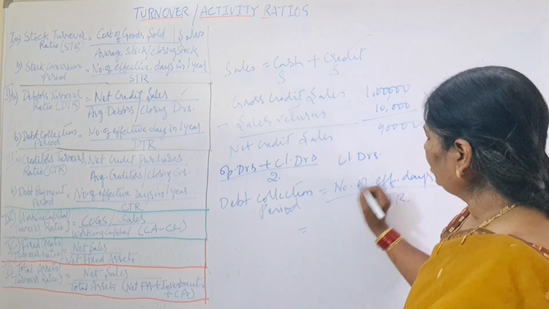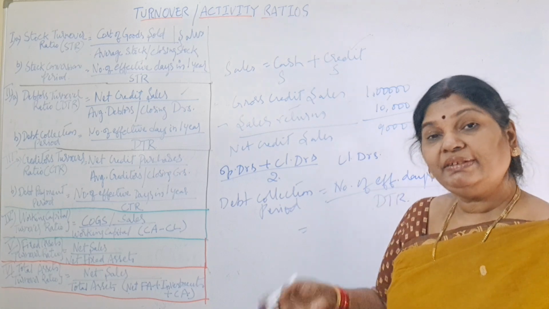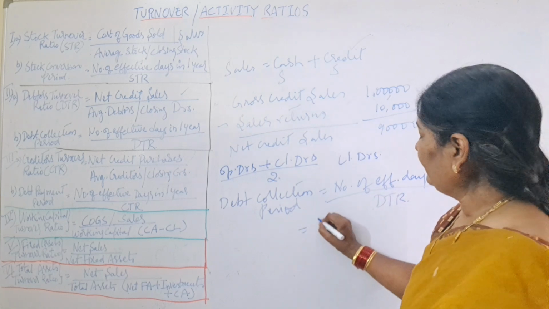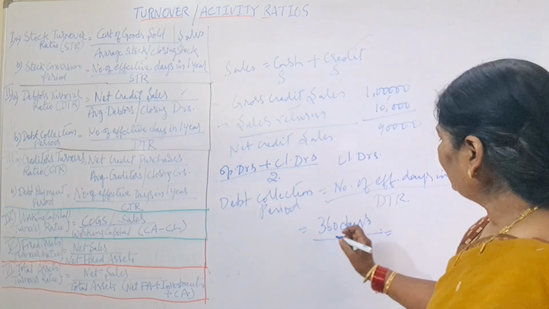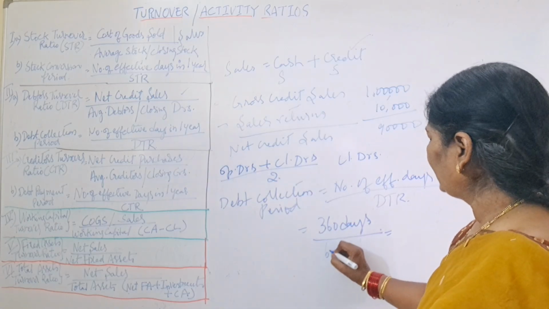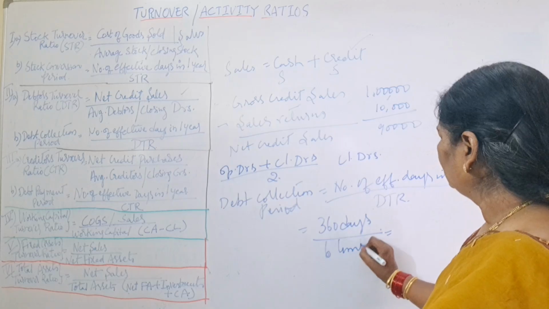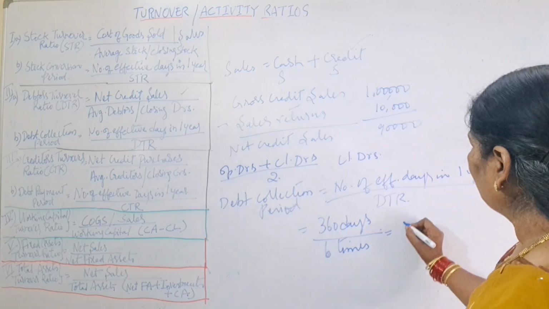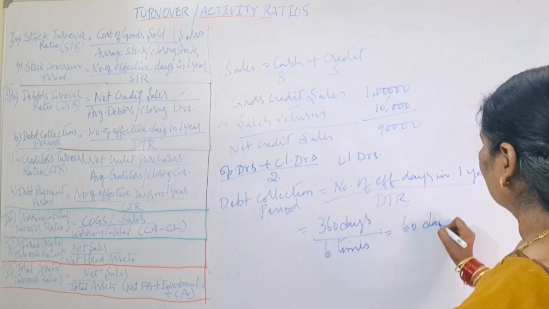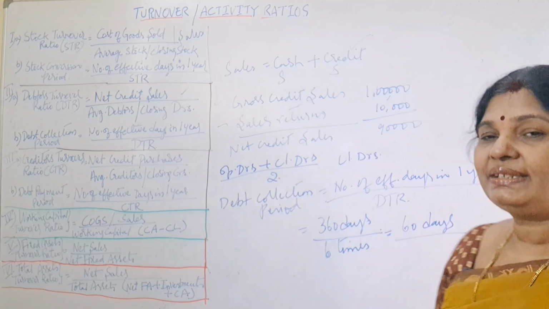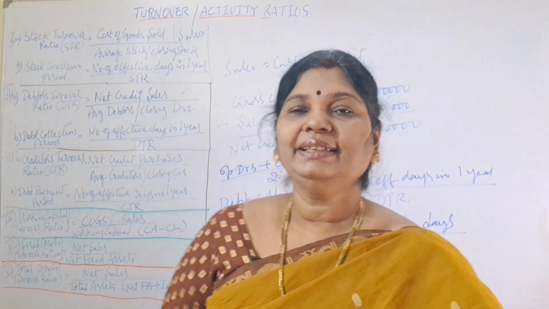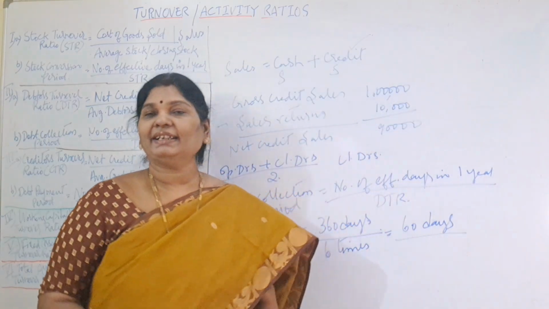Generally in books they will give 360 days. So we'll write 360 days divided by, say if the DTR is 6 times, 60 days. So for every 60 days, you will go and collect your debts from your debtors.